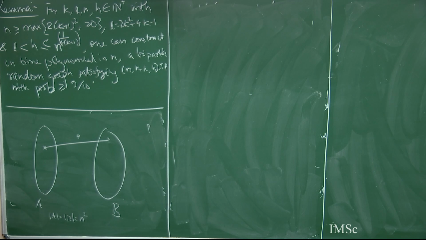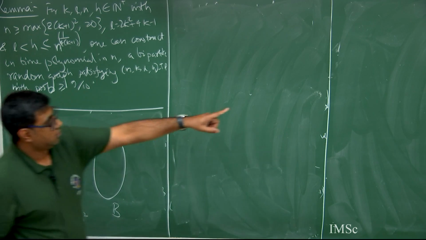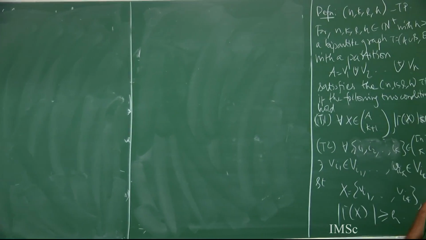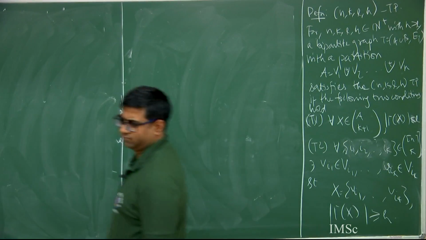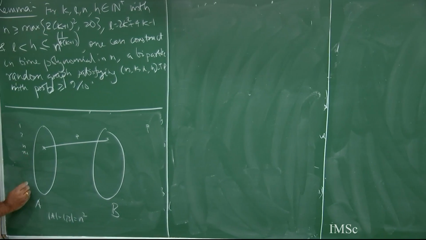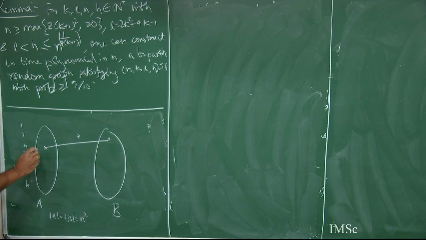I also need to give you a partition V1, V2, up to Vn. That doesn't matter. I can think of A as vertices from 1 to n square, and I just give them names. The first n vertices are V1, n plus 1 to 2n are V2, and so on.